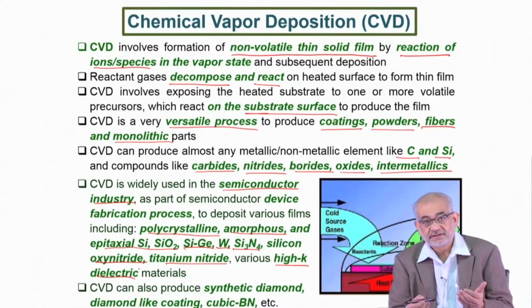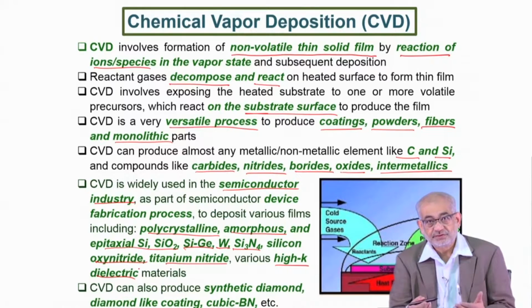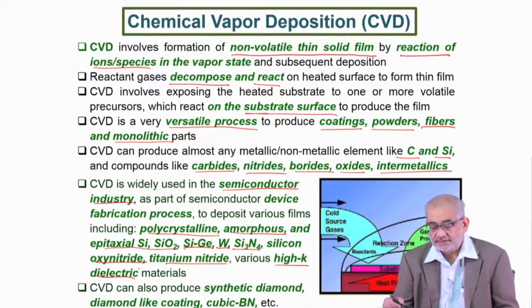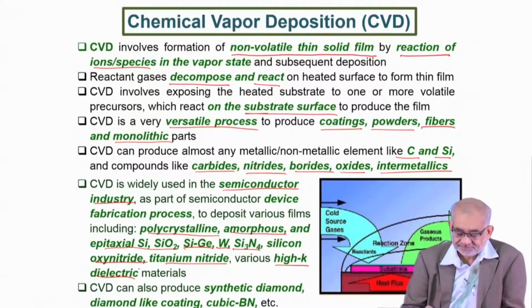So one can make a conducting coating, an insulating coating, create a dielectric coating, and cover the entire surface or certain areas of the surface.